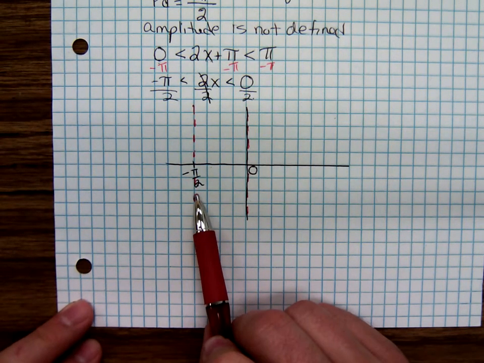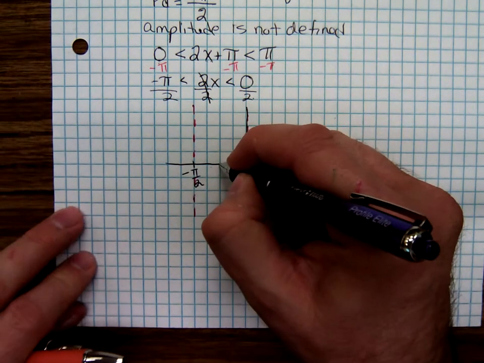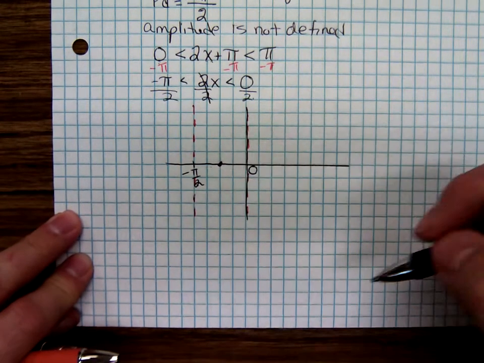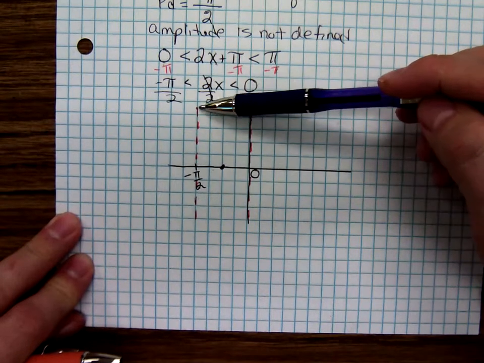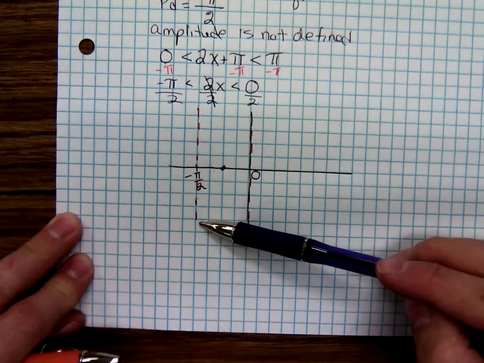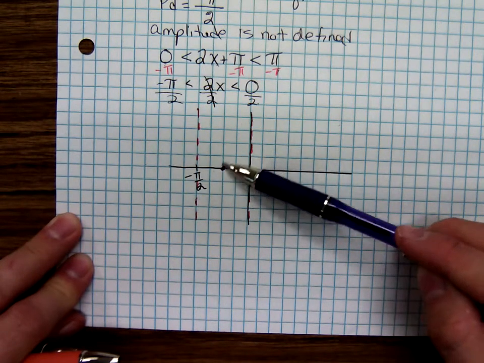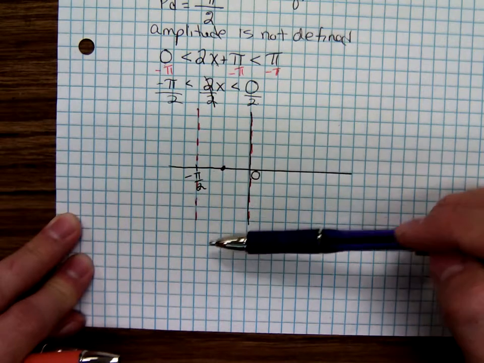We're going to have an asymptote there. This graph will cross the x-axis right in the middle. Now watch my pen movement. The graph either does this, going down, or it does this, going up.